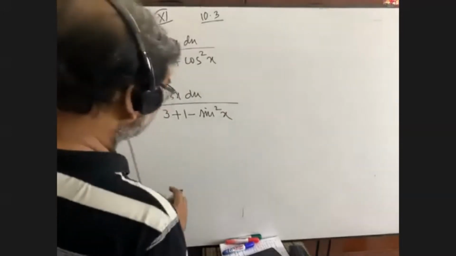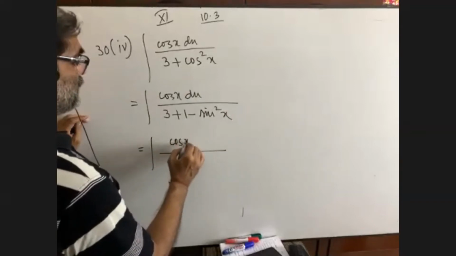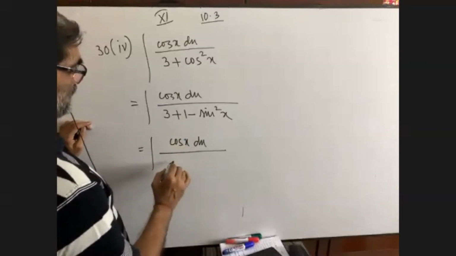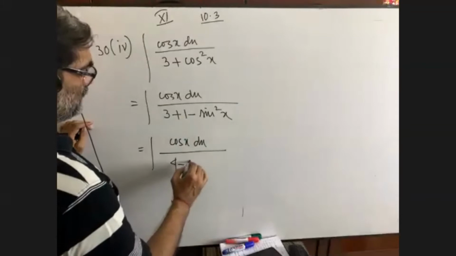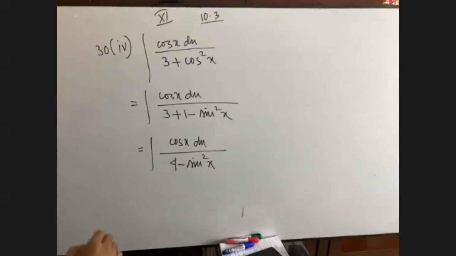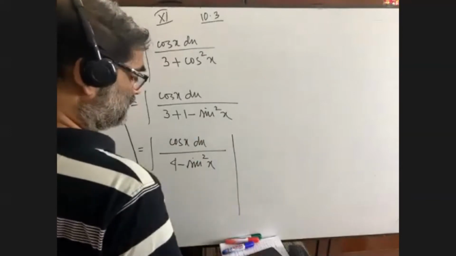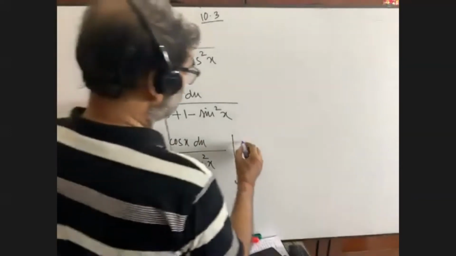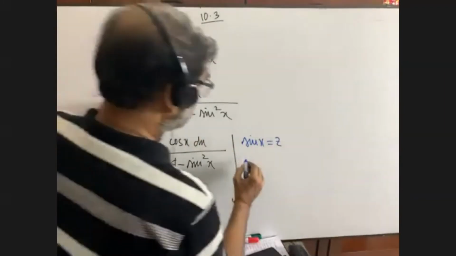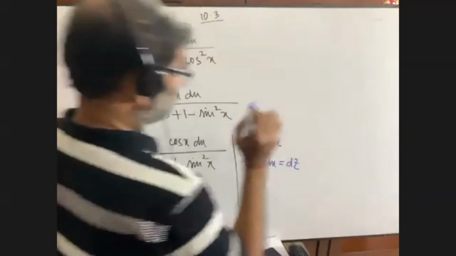Hello? Okay, yes, sir. Now you see it is cos x dx, and we can write here 4 minus sin square x, right? Now, if we let sin x equal z, then we are getting cos x dx equals dz, right?